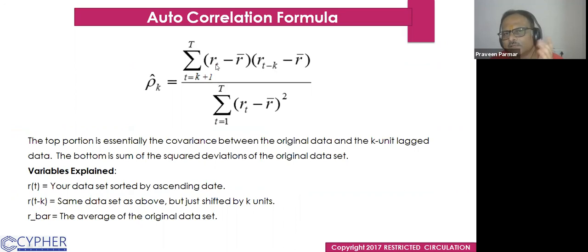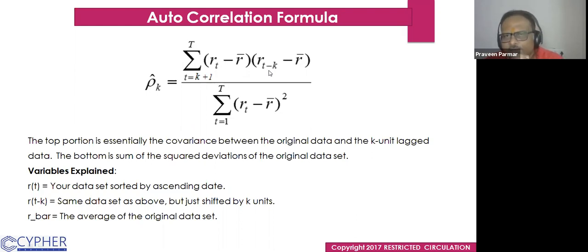We could write yt minus y bar, and this is yt minus k. How many lags do you want to do the autocorrelation for? 3 lags, 5 lags, 10 lags, 20 lags.